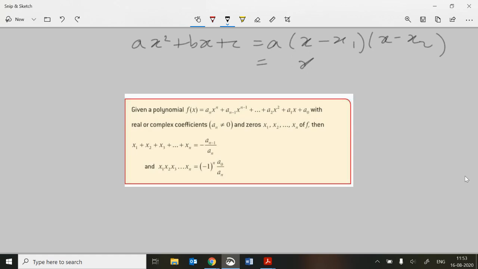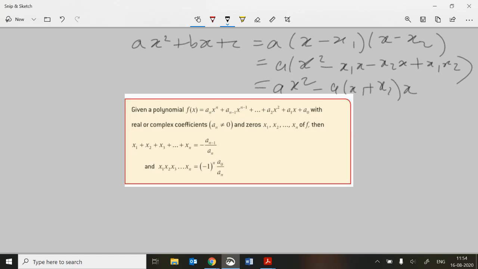So when we multiply out the brackets on the right hand side, we see that we're getting x squared, we see that we're getting minus x1 x minus x2 x, and we're also getting plus x1 x2. That's obviously all being multiplied by a. Now if we multiply this out and do a bit of factorization here as well, we can say that's ax squared, and then we've got minus a times x1 plus x2 lots of x.